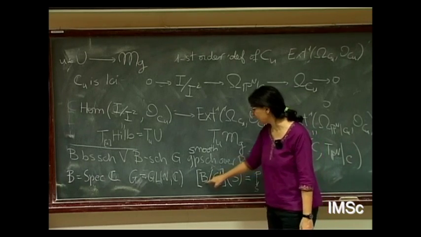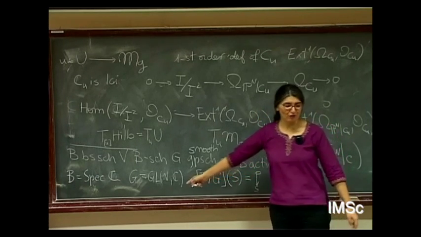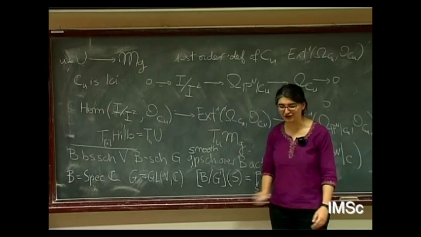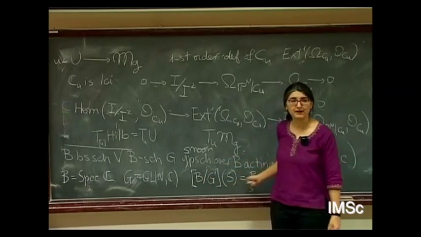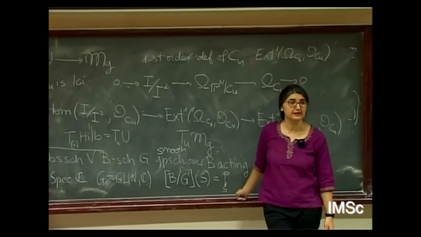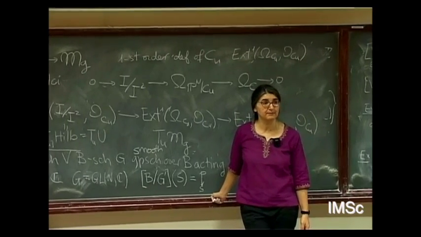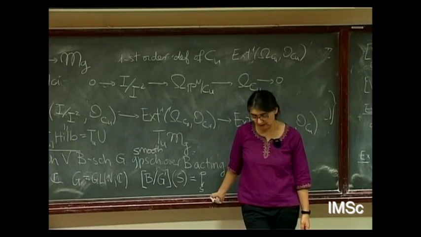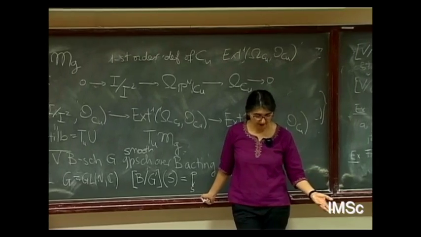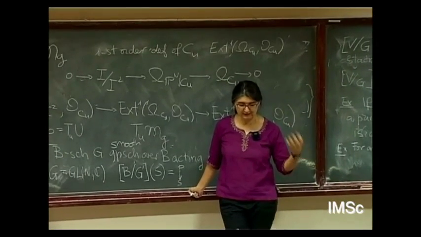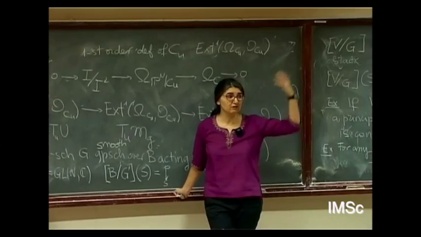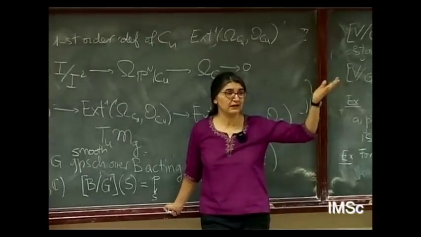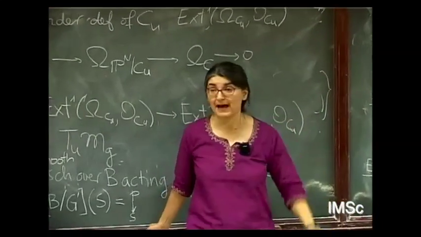So in other words, this actually is usually called BG. I cheated here with the choice of letters. And it is called BG because this object is the stack of all principal bundles. So if you are familiar with topology, you know that there is something called the classifying space, which has a universal principal bundle, and every other bundle is a pullback.